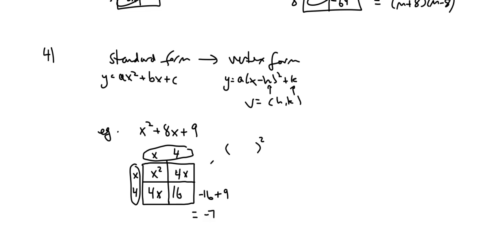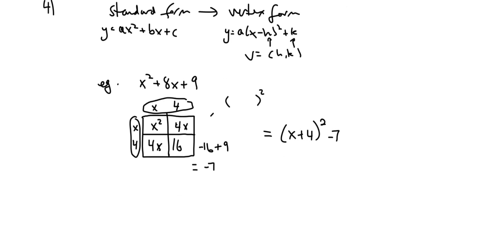Because what I have in this box is too much. It's 7 too many. So I can write what I have as x plus 4 times x plus 4, in other words, (x plus 4) squared. That's all well and good, but it's too big. So now I have to subtract the 7. And that is completing the square.